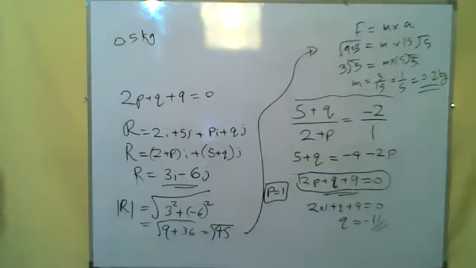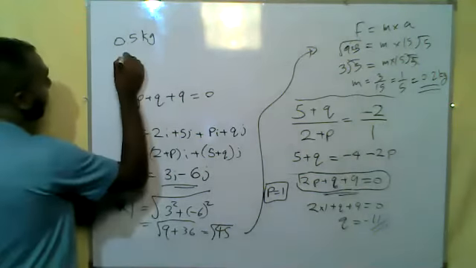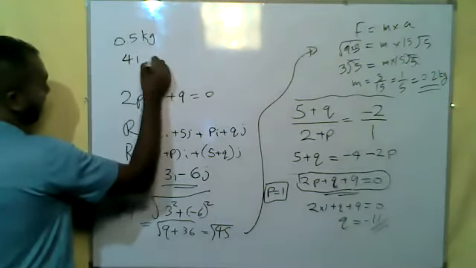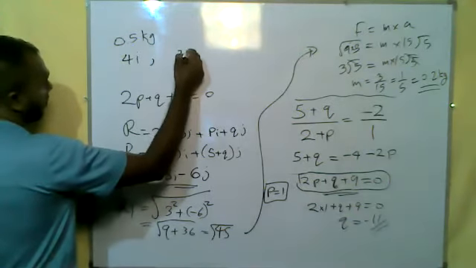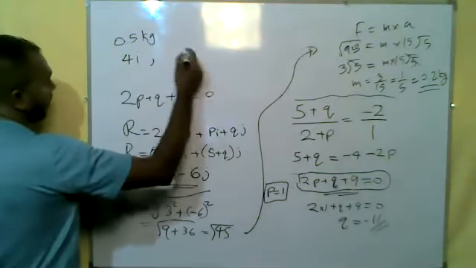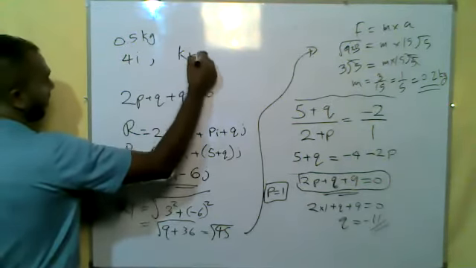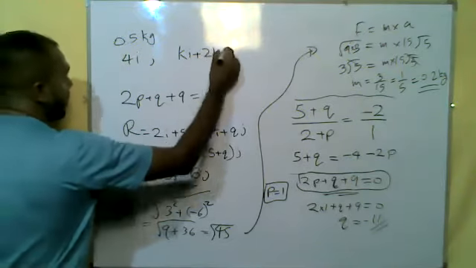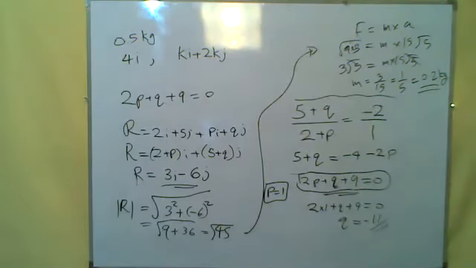And what are the 2 forces? 4i and k and 2k: ki plus 2kj. This is minus 4i, no? Minus 4i. And they say k is a positive constant.